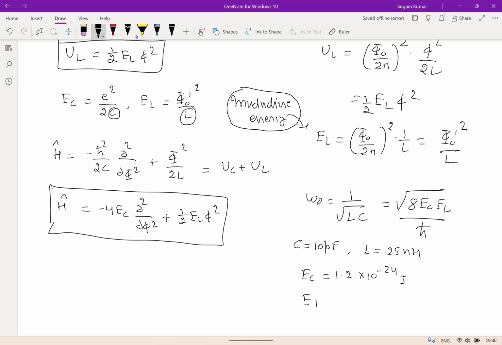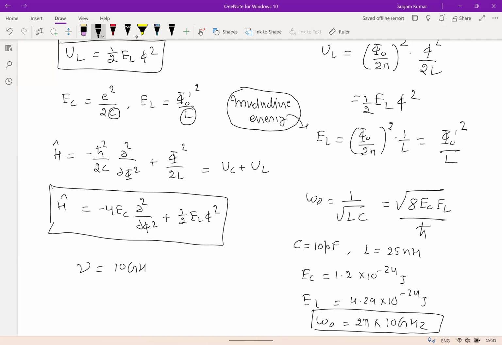And this EL also you can calculate, that is going to be 4.29 times 10 to the power minus 24 joule. And from there you can see omega naught is going to be 2 pi into 10 gigahertz. So here you can see the frequency is 10 gigahertz.